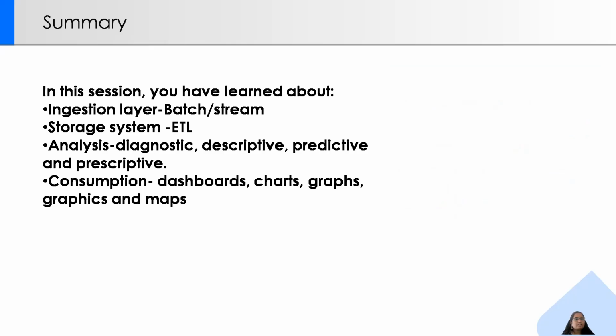In this lesson, you have learned about the ingestion layer, storage systems, the different ways to analyze the data, and then how you can visualize the data with the help of dashboards, charts, graphs, or maps.